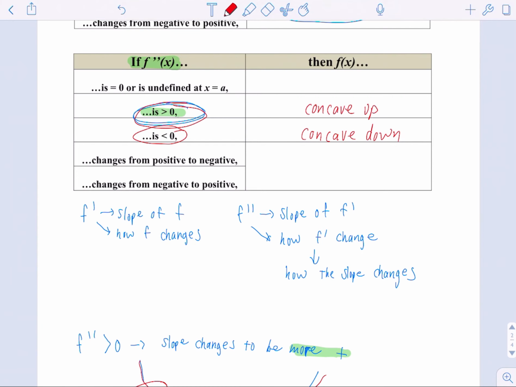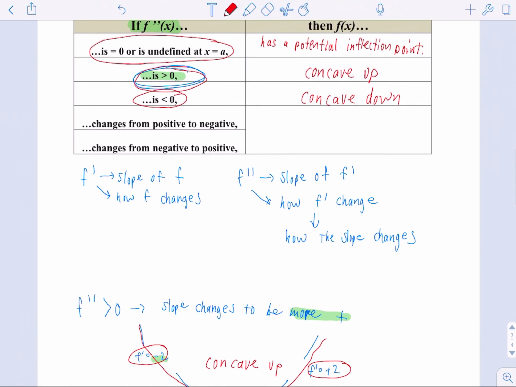Okay, so now when it equals 0 or is undefined at x equals a, what we say is it has a potential inflection point. Okay. Now what is an inflection point?